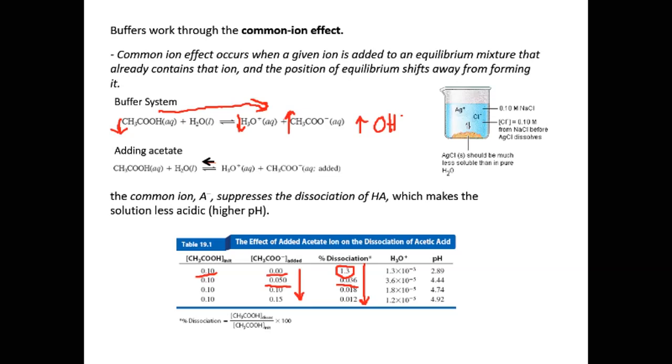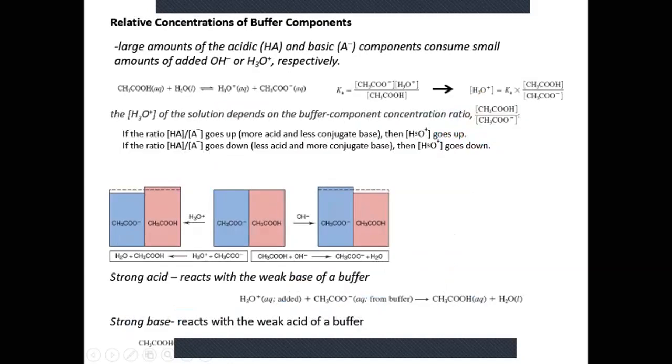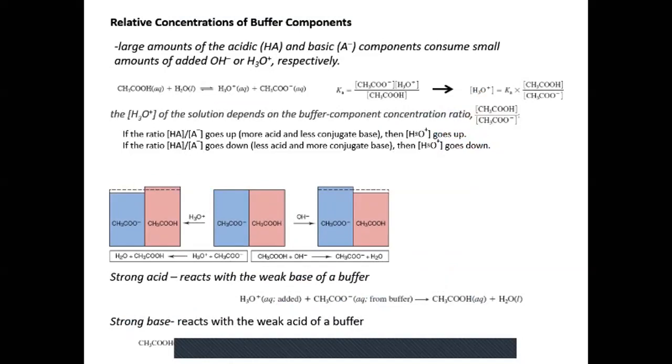And you see that the pH increases because less weak acid is being dissociated to produce hydronium ions. So if you have a large amount of weak acid and weak base, they will consume small amounts of hydroxide and hydronium ion respectively.